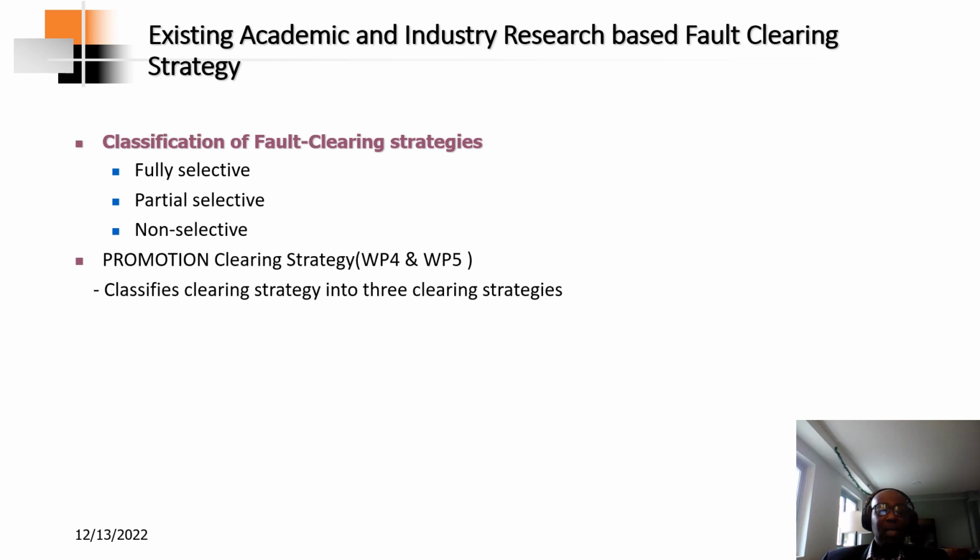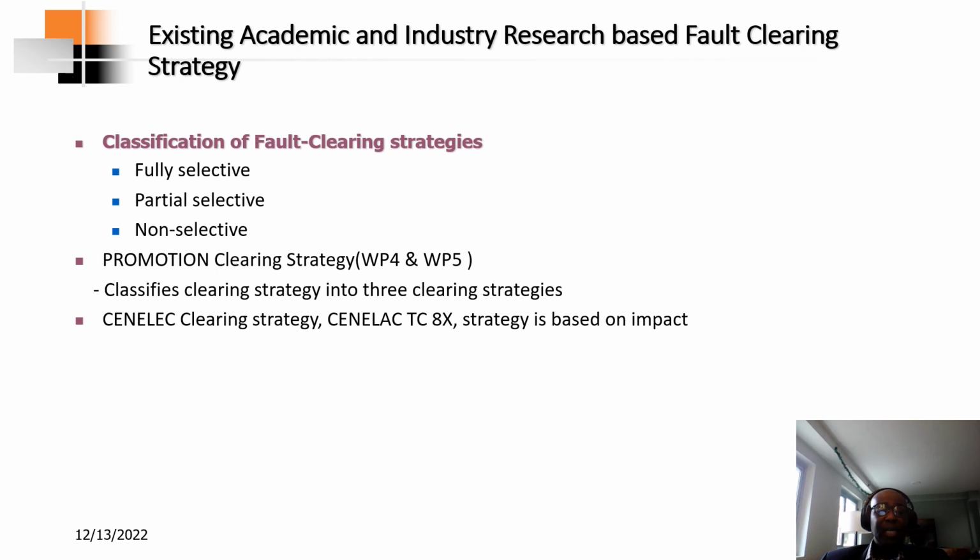Their work package clarifies and delineates fault clearing strategy into 3 areas: fully selective, partial selective, non-selective. Then Senelec, on the other hand, delineates their strategy based on the impact, that is, when there's a network fault, their strategy is based on the impact the network fault will have on the wind farm.